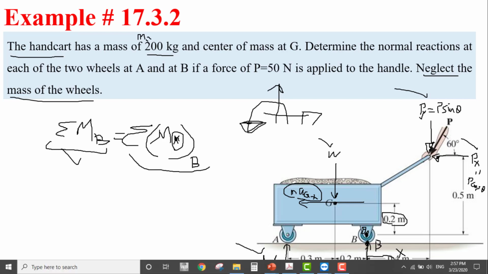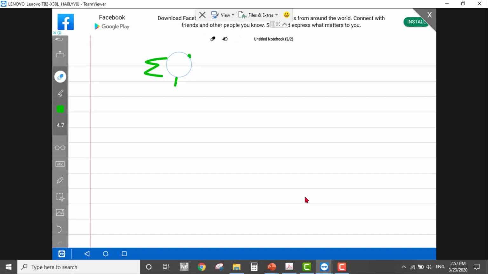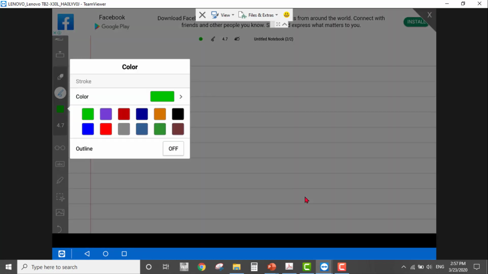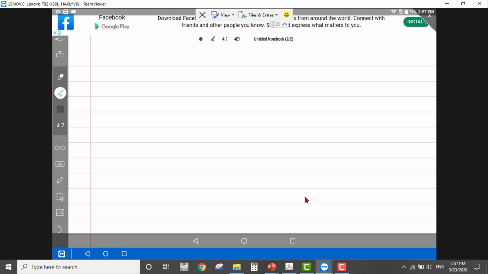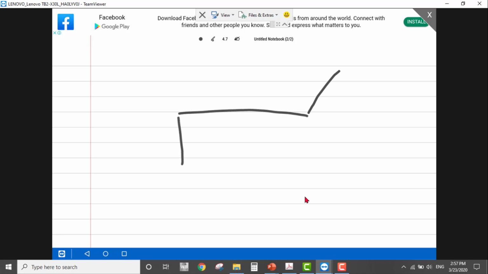Let's go back to the solving board. And before writing the equation, let me draw again the hand cart and everything on it. So I will combine the kinetic and the free body diagram together, so you can notice what we have.